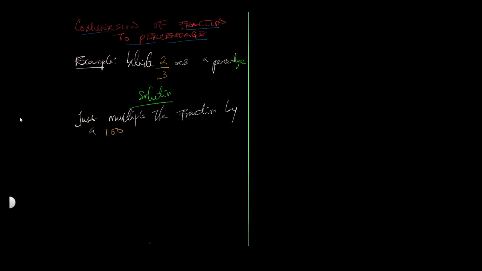Now, this is what we mean. So the fraction is 2/3, and we are told that we need to multiply by 100. So we just say times 100.